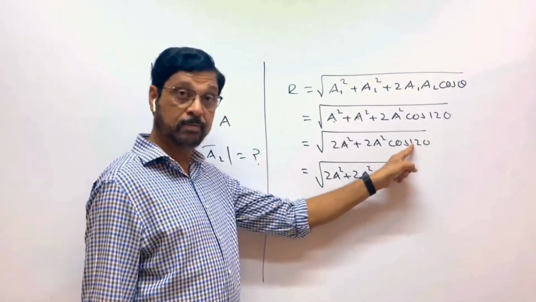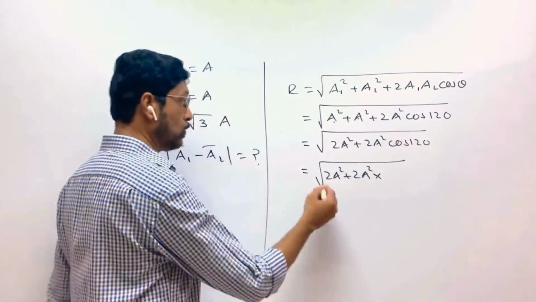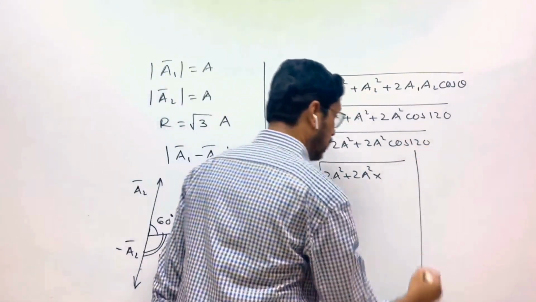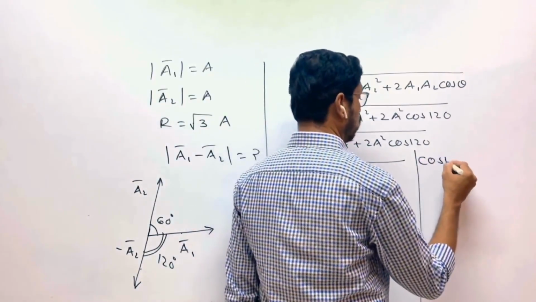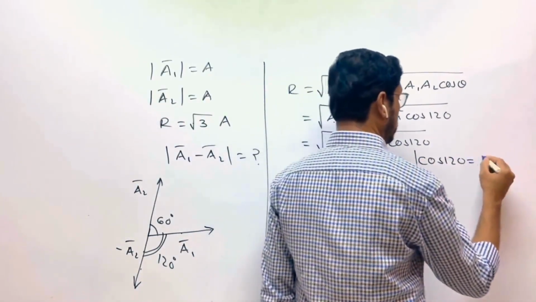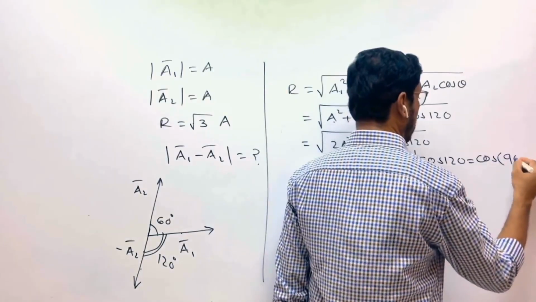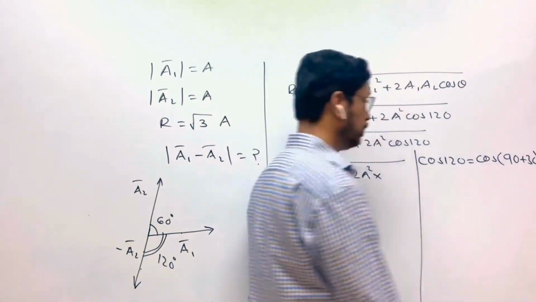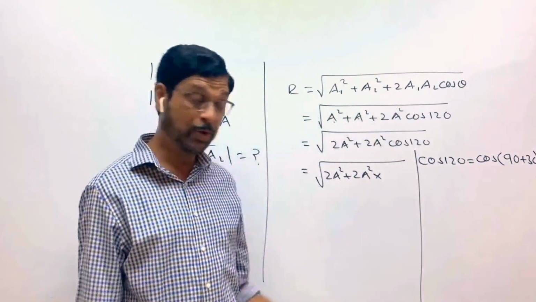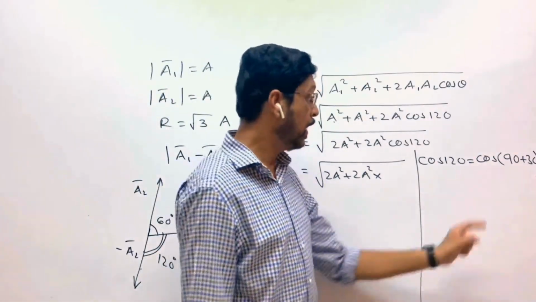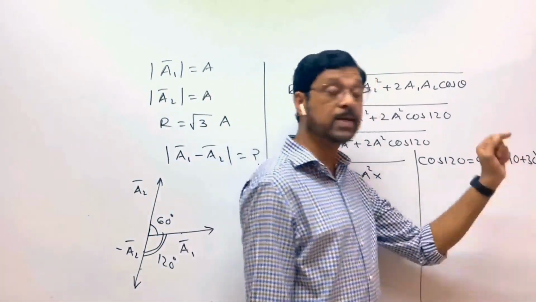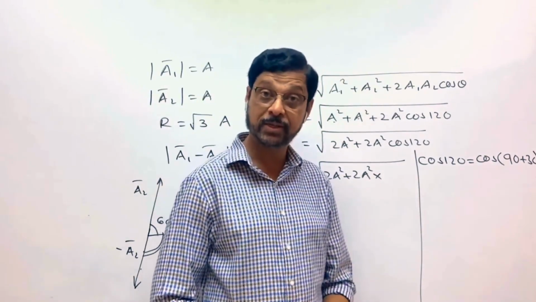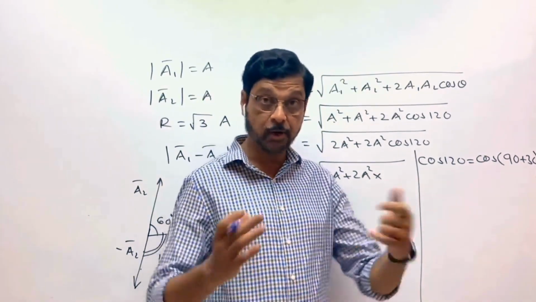Yesterday also we went through this. Cos 120 कैसे फाइंड करना है? देखो, cos 120 means cos 90 plus 30. 120 is 90 plus 30. And cos of 90 plus theta is how much? Minus sine theta. Trigonometry.